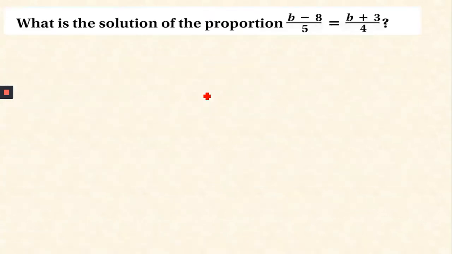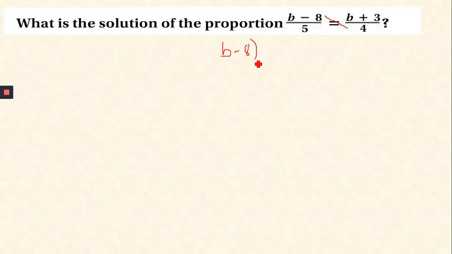Let us try this one. What is the solution of the proportion b minus 8 over 5 is equal to b plus 3 over 4? Try to observe, your numerator is a two-term expression, so always apply cross multiplication. So you have b minus 8 multiplied by 4.